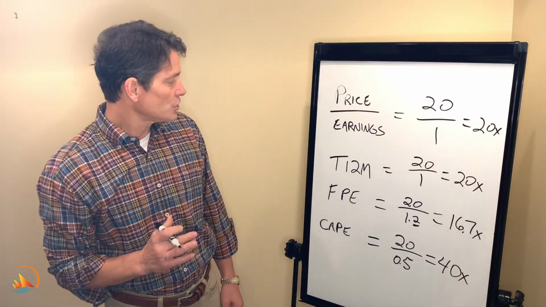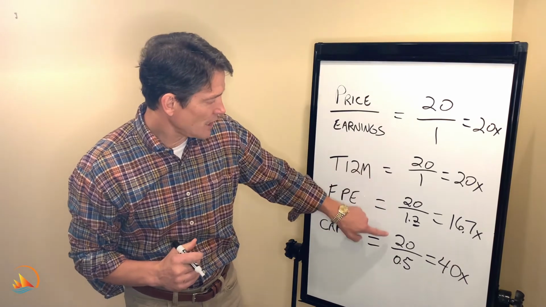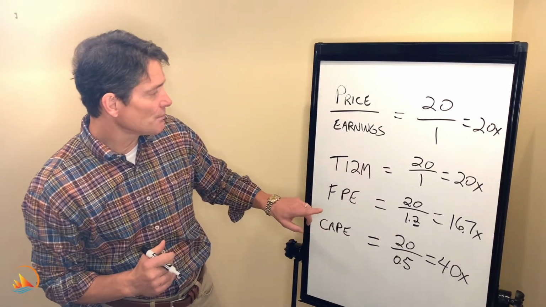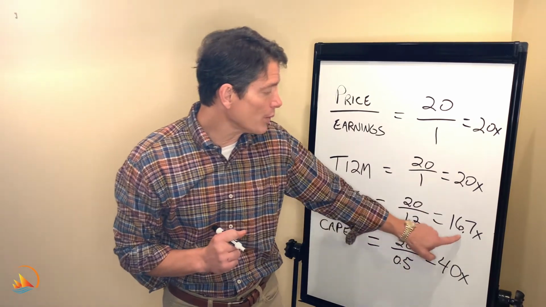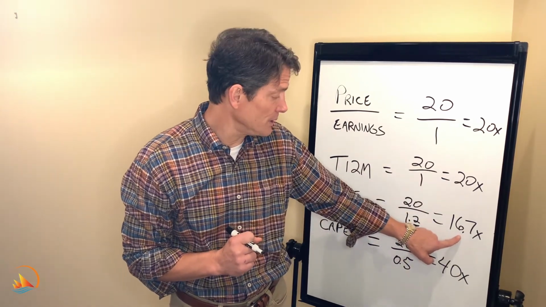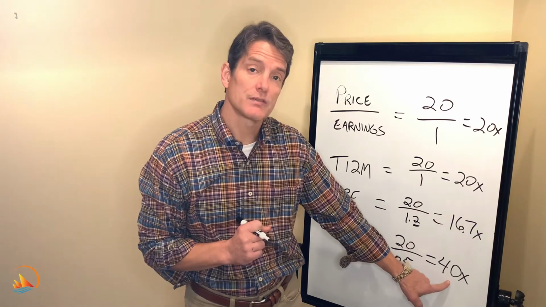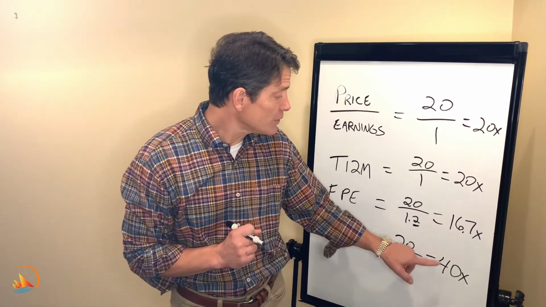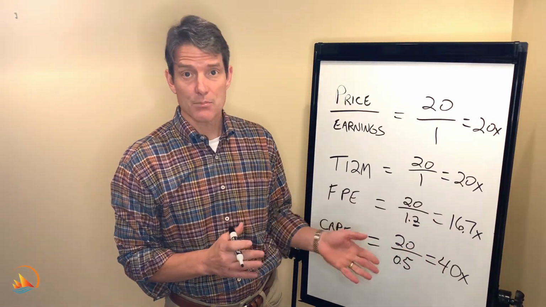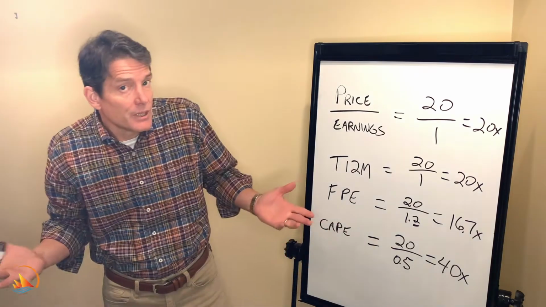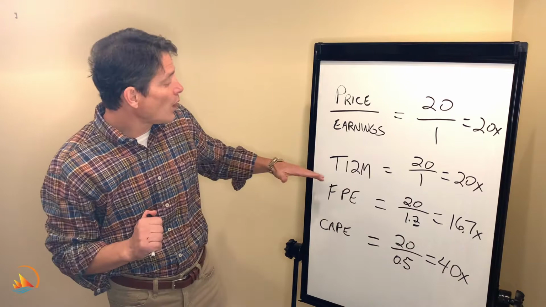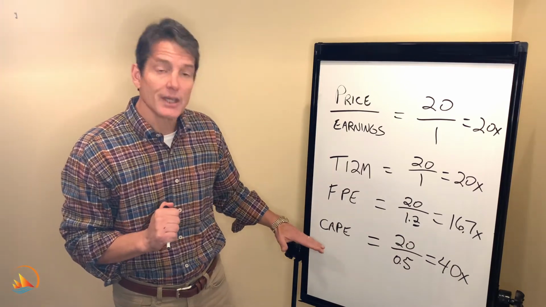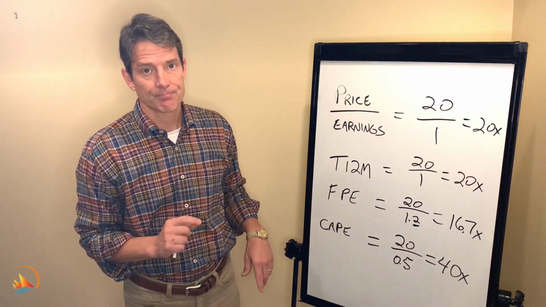All right, so the price is always the same, but depending upon whether you use the last year's earnings or what we hope next year's earnings are going to be, or the average of the last 10 years' earnings, you can get very different numbers. And so when you get a PE ratio, it's important to understand what is the earnings that they're using.